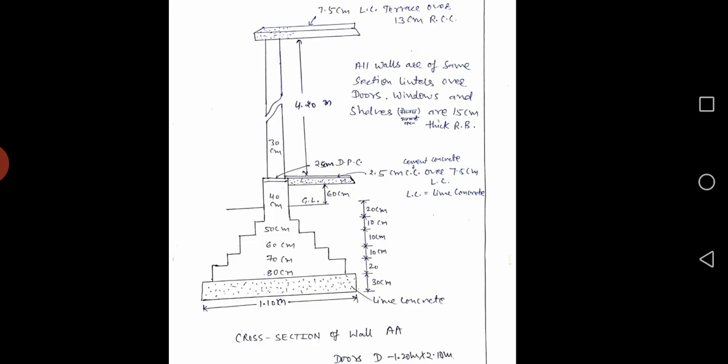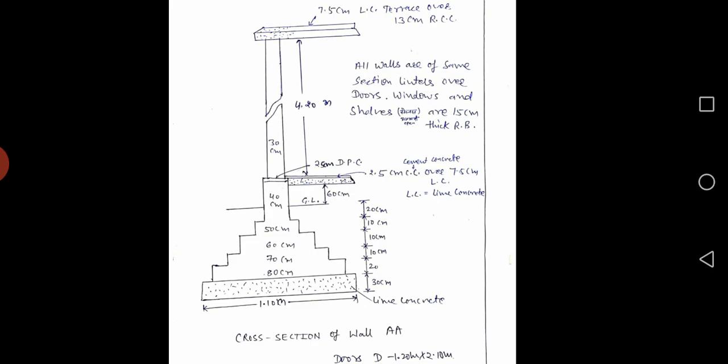Then the plinth wall is 40 centimeter width, and the total height of the plinth wall is 80 centimeter, 20 centimeter below the ground and 60 centimeter above the ground. Above the plinth wall there is 2.5 centimeter DPC, and inside the wall the floor is 2.5 centimeter cement concrete over 7.5 centimeter lime concrete.